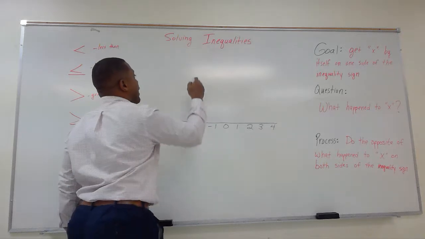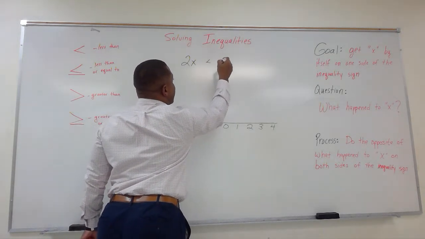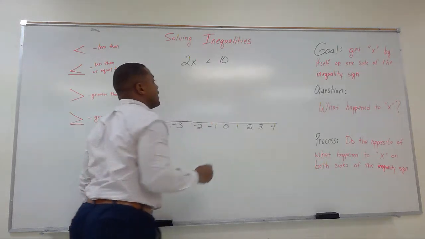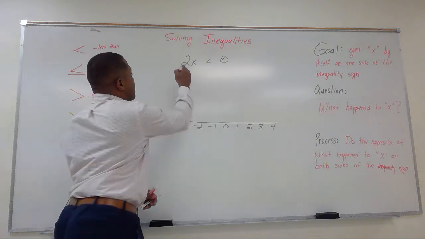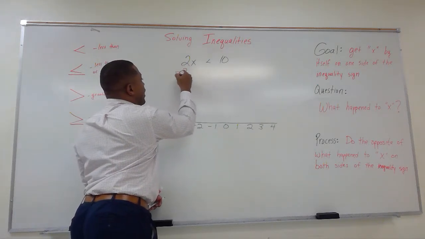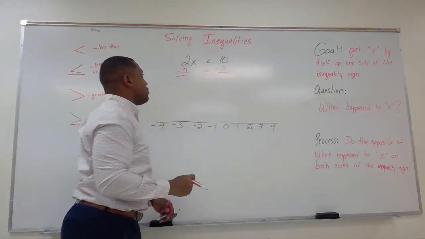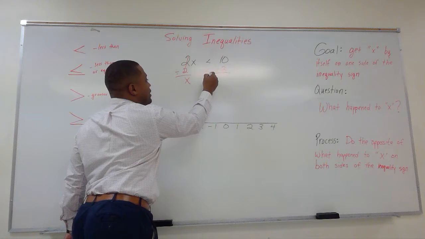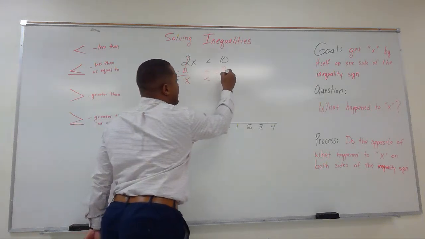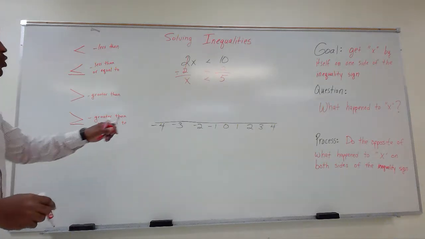And I have this here, 2x is less than 10, okay? I'm going to divide both sides by 2 because x is being multiplied by 2, and that's going to leave me with x is less than 5. Okay? And I need to chart that.